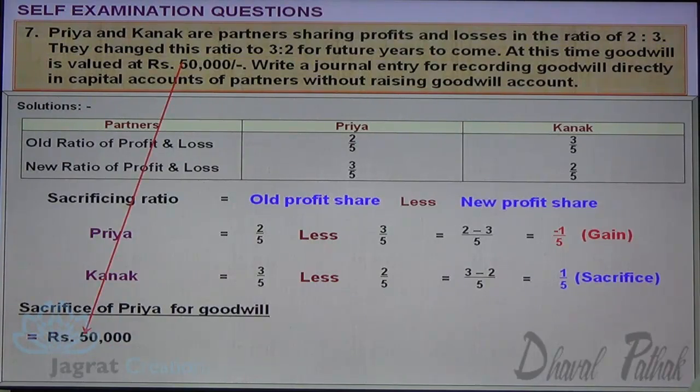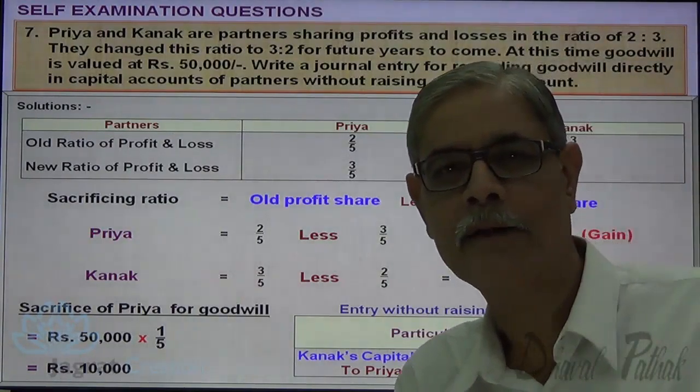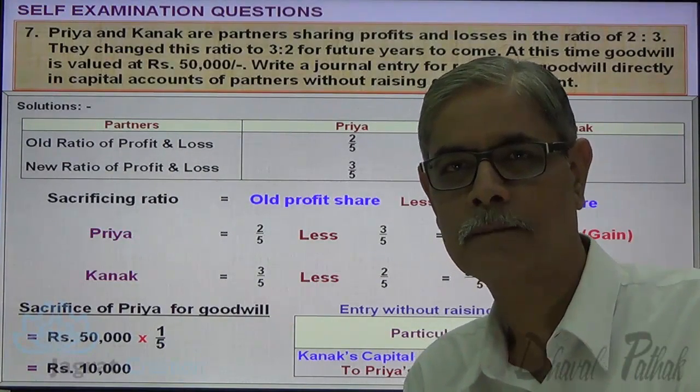Sacrifice by Kanak, 50,000 into 1/5. Now the partner who sacrifices gets the return, and the gainer has to pay. So Priya's capital account is debited with 10,000 and Kanak's capital account is credited with 10,000. This is how the adjustment entry directly gets recorded to the capital accounts of the partners.